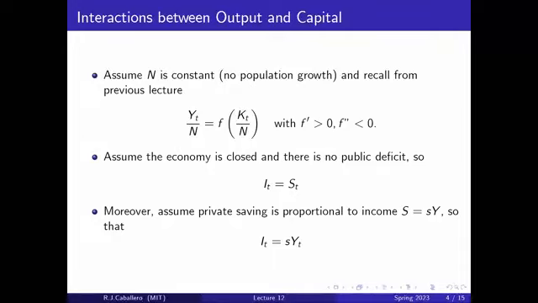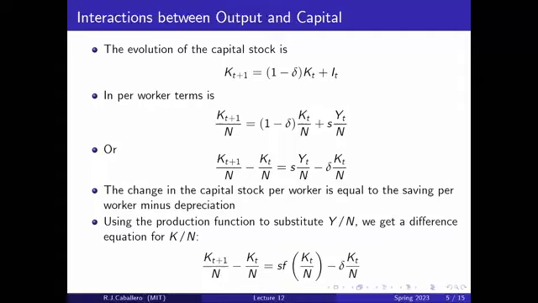And so we can write investment in equilibrium. Investment has to be equal to saving. Saving is proportional to output, so we get that investment in this economy is increasing in output. This is a constant somewhere between 0 and 1. Okay? And the last key equation here is the capital accumulation equation. The capital accumulation equation says that capital at T plus 1 is equal to capital today minus the depreciation, a fraction of the machines break down in every period, plus the new investment, I_T.